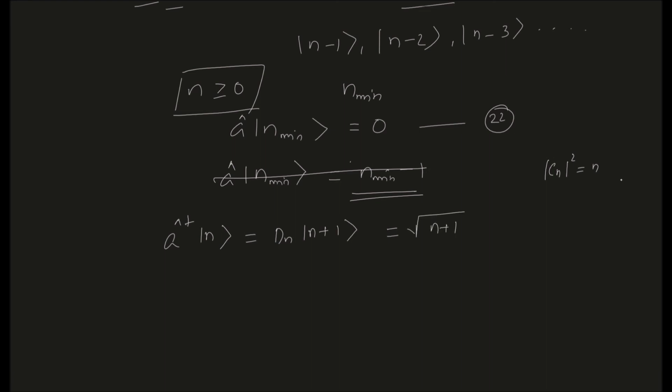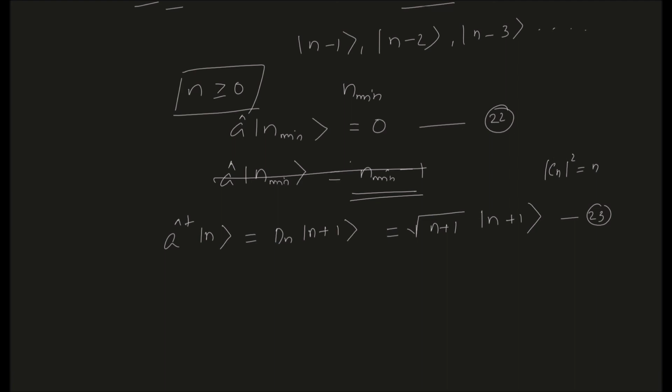So what we have seen is a acting on |n⟩ will give you square root of n times |n−1⟩, but a dagger acting on |n⟩ will give you square root of n plus 1 times the |n+1⟩ state. So this is equation number 23.